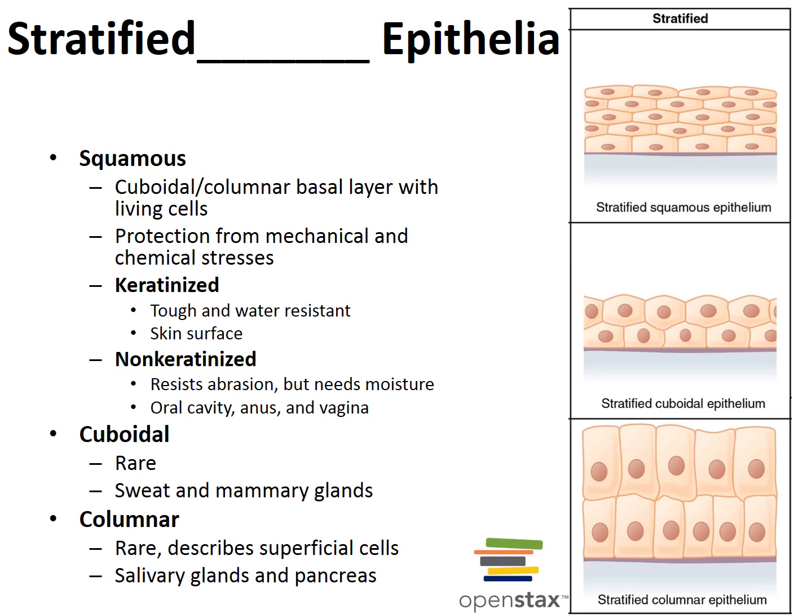Stratified squamous epithelium is composed of several cell layers. The basal cells are cuboidal or columnar and metabolically active. The surface cells are flattened, squamous, hence the name.